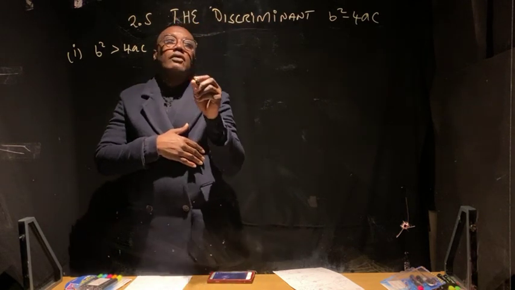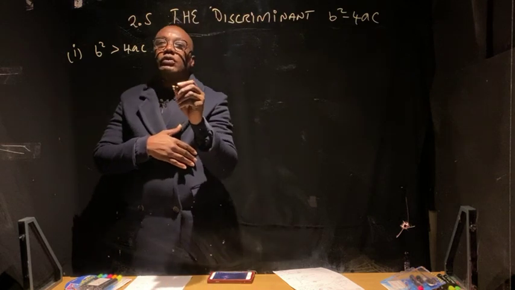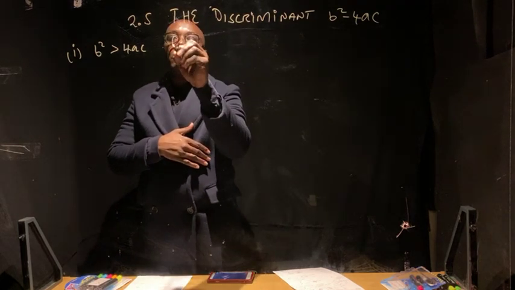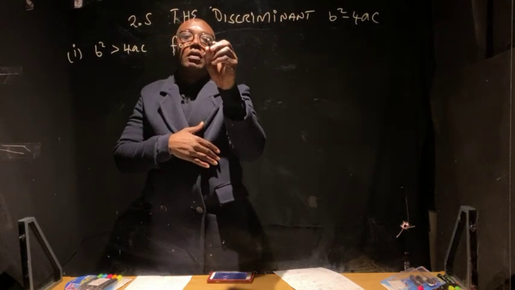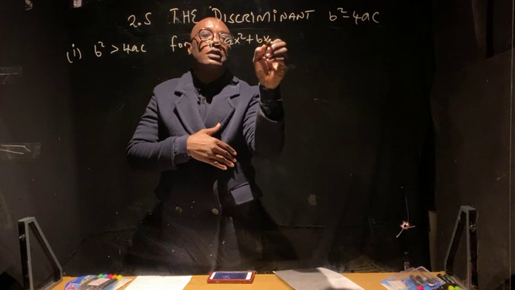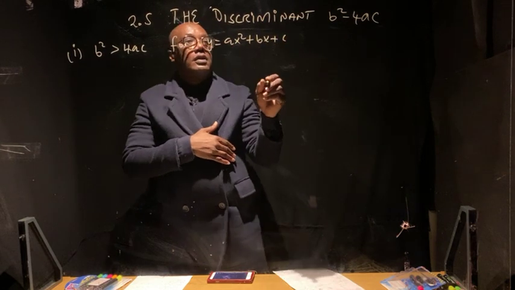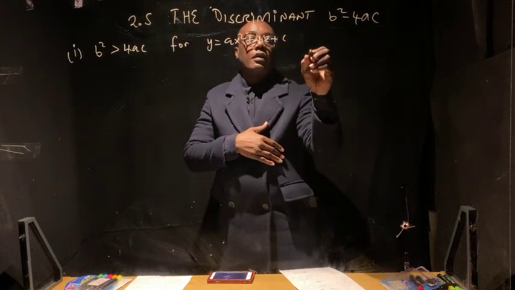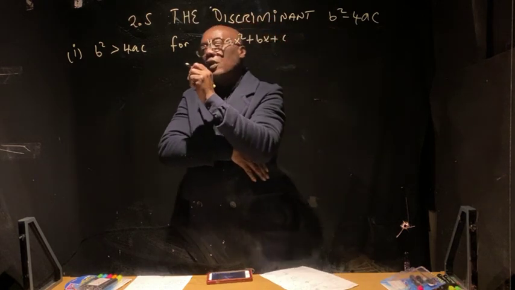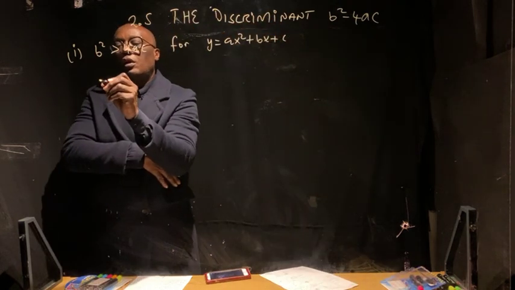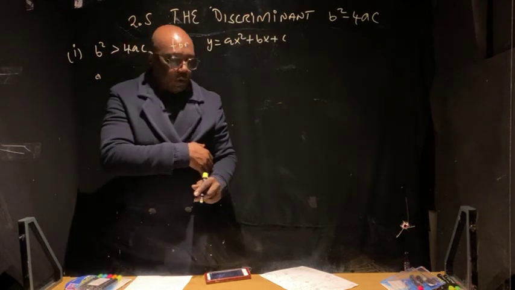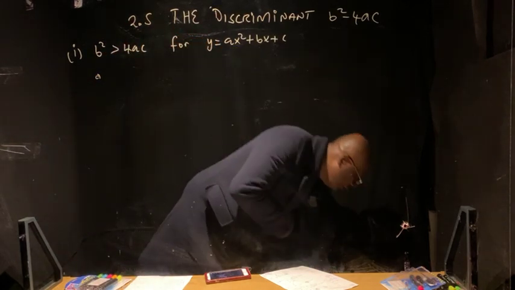If you are given a quadratic equation y equals ax squared plus bx plus c, this is how the graph should look. The first one, let us assume condition 1.